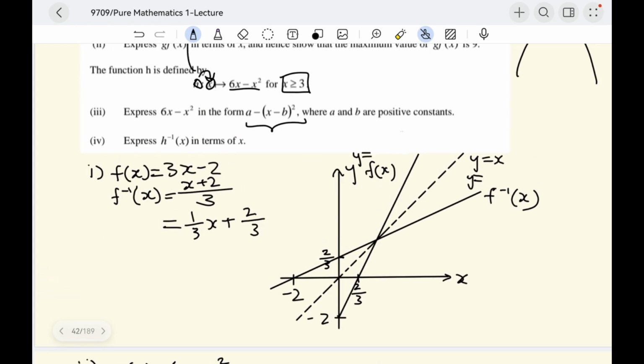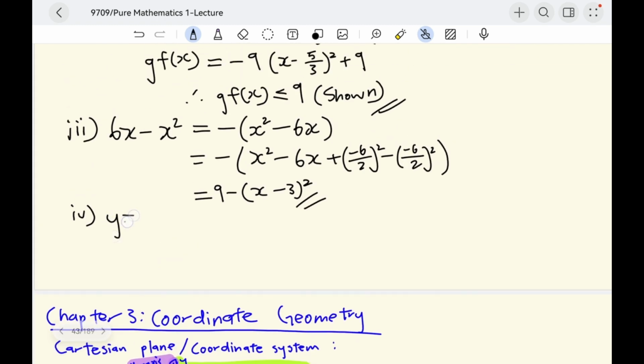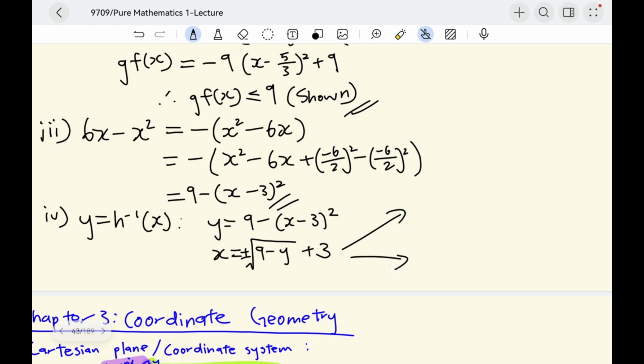Express h inverse x in terms of x. So as always, I will let y equal h inverse x first. Then I convert to x as the subject in terms of y. So I have 9 minus y, plus or minus, and also plus 3. Okay, divided into two cases.